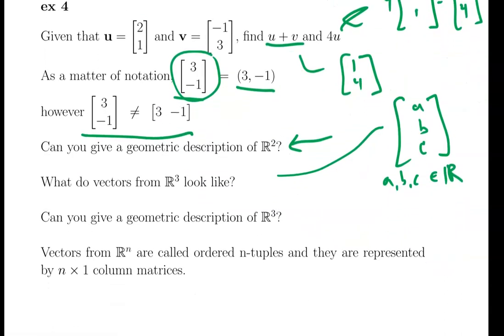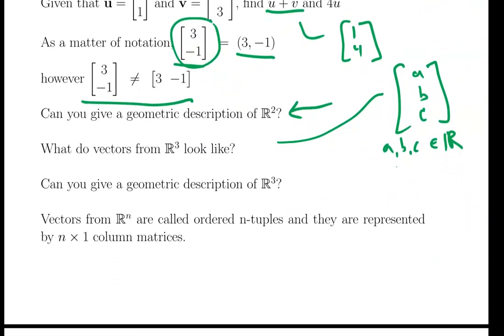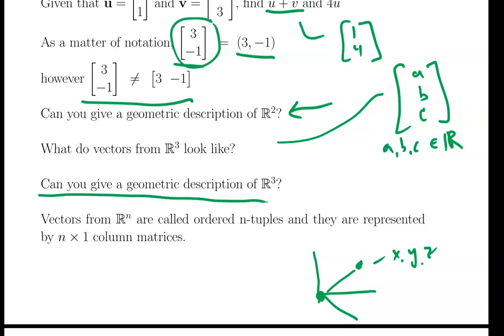So you'll have to excuse my artwork here, but if I were in the classroom, I would say we're in a room, and if you point to the corner of the room, you can call that the origin, and then you could pick a point in space determined by an x, y, z. And so a geometric description of R3 would be points in space. R4, you can add time to it, and then it just gets nuttier from there.